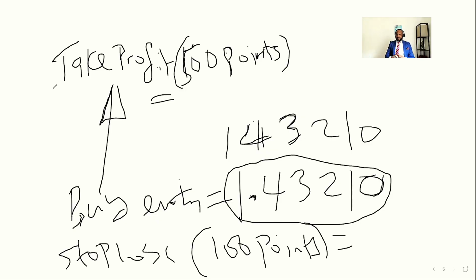So you can now do your work. Subtract or add 500. Bring out your calculator, right? 143,210 plus 500. This will give you 1,500,005.